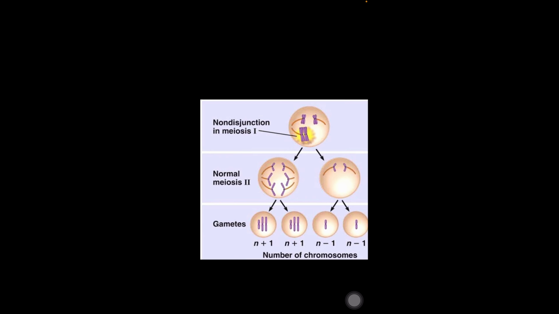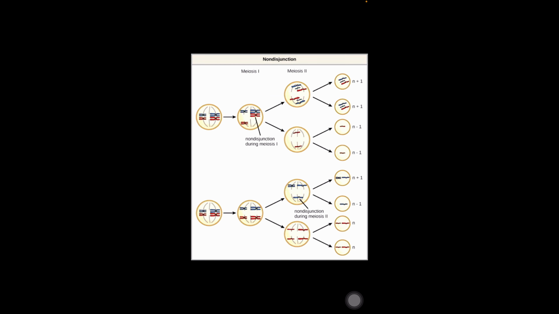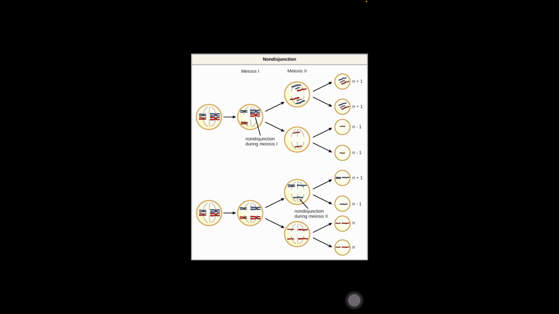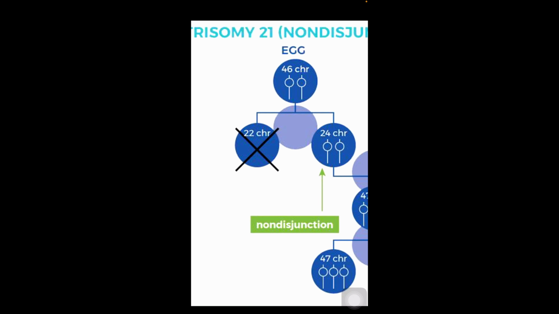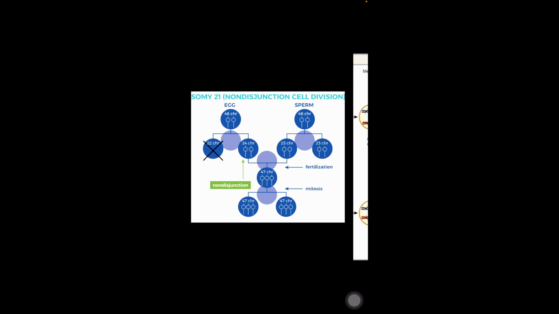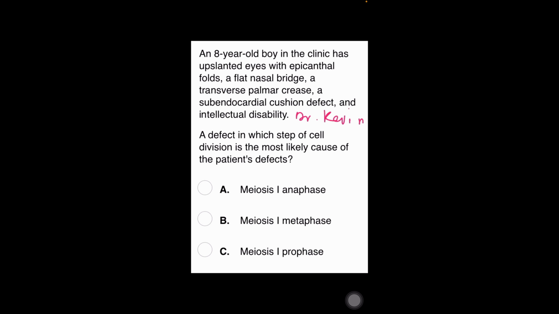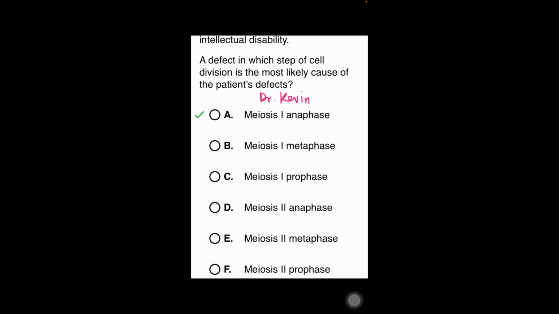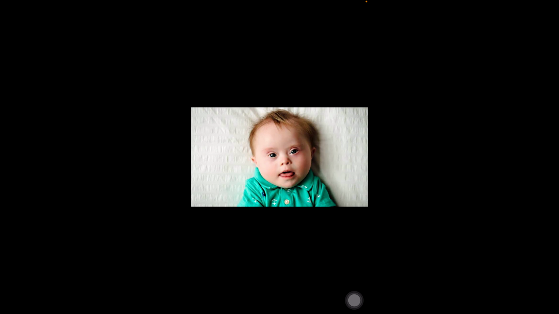N plus 1, n plus 1. Non-disjunction, meiosis 1. Meiosis 1 non-disjunction, and it's maternal. Is the egg here? I showed you the egg. It's maternal non-disjunction. This is the reason why, and it's meiosis 1 of anaphase and not metaphase and not prophase. Okay, it's anaphase. All right, so take notice of this.